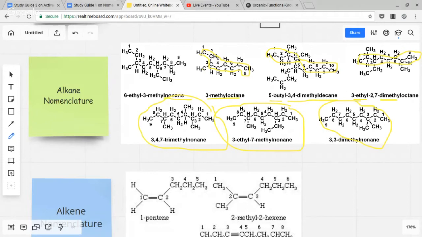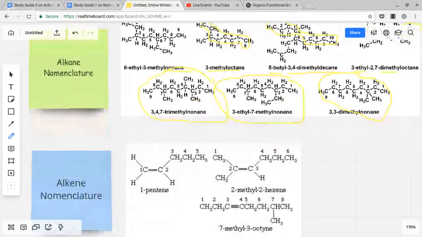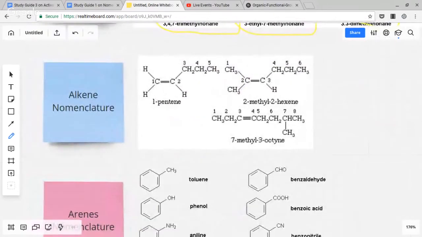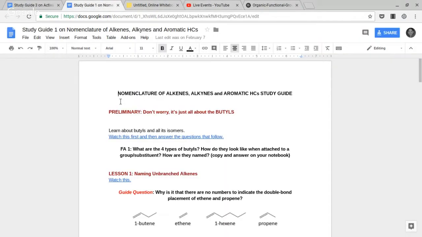Now let's go to alkenes. Alkenes and alkynes have more or less the same rule. As I have told you, your study guides are helpful tools for you. I hope you still remember study guide 1, which is on your screen right now.